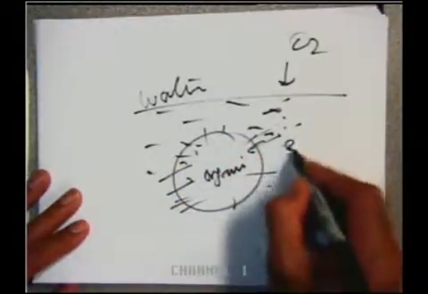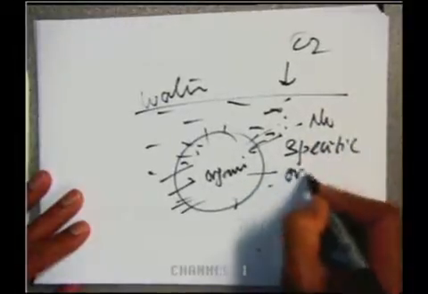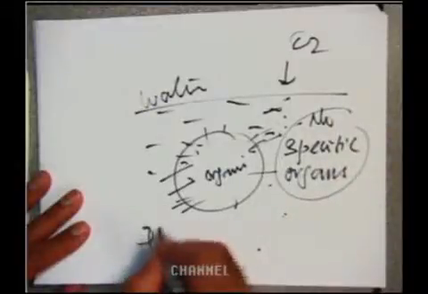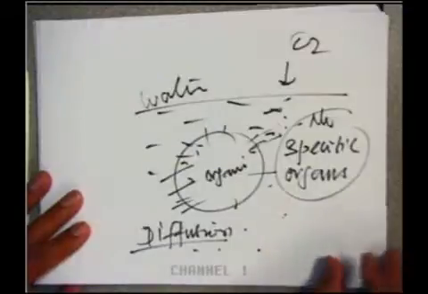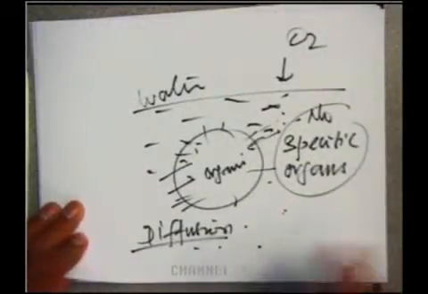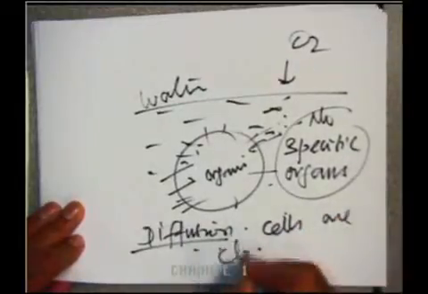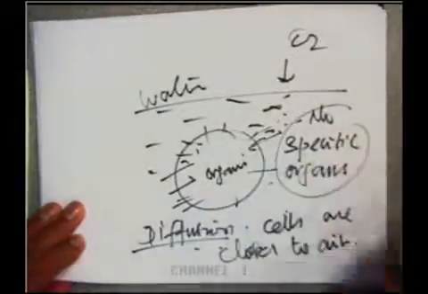There are no specific organs for that. Just diffusion, okay? Just diffusion. Because the cells are close to the air or the water, they can exchange.